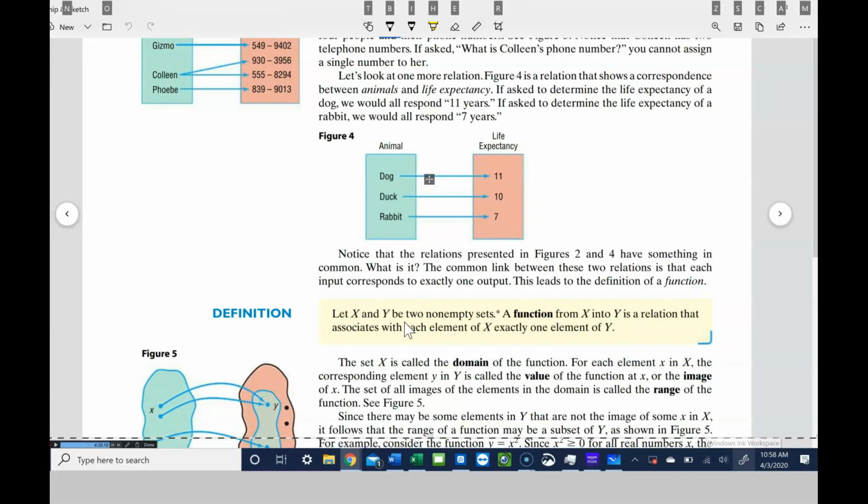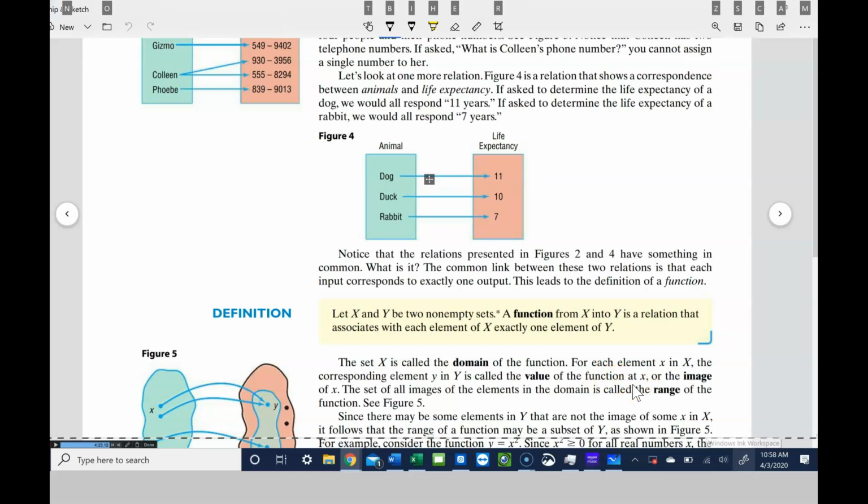All right, some more definitions here. The set big X, in other words, all the inputs, is called the domain. And the big Y, meaning all of the outputs, the whole set of outputs, is called the range. There's also a couple other words here. When a little x corresponds to a little y, meaning one input is associated with one output, the output is also called the value of the function at that input.